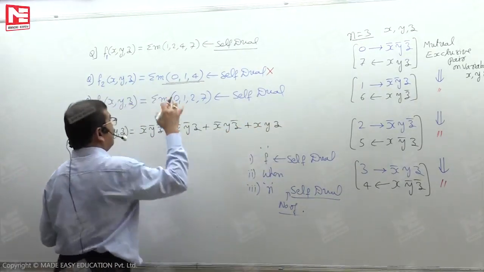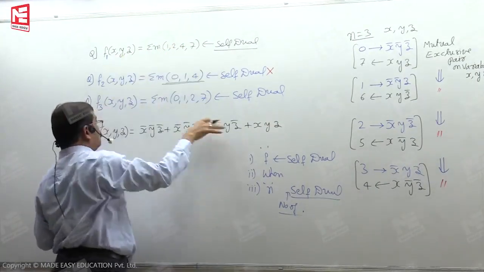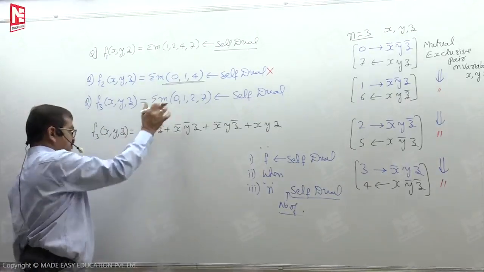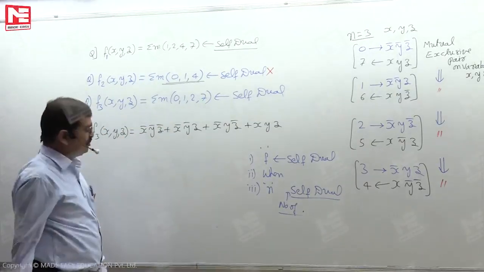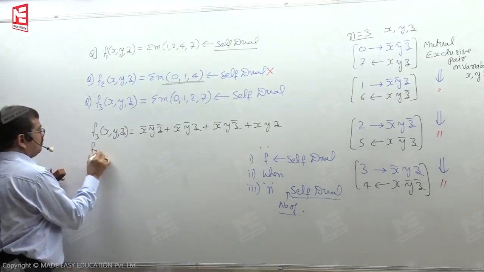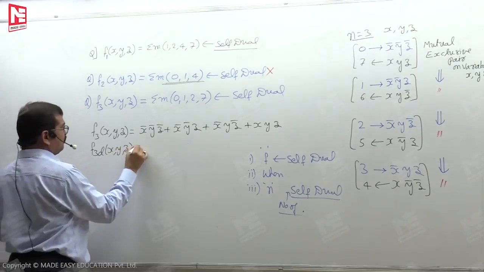For easy adaptation, I took the same 1 to 7 that we saw earlier in f1. So for an easy quick work, only accept this. Anyway, it's a way to write. Now we are looking at the dual operation, or we are writing the dual for this function f3.